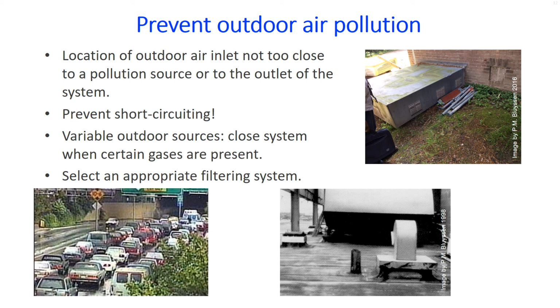In case outdoor air pollutants are nearby an inlet, for example frequently passing traffic, try to close down the system by monitoring the presence of certain compounds, such as nitrogen oxides. In any case, make sure that an appropriate filtering system is present.